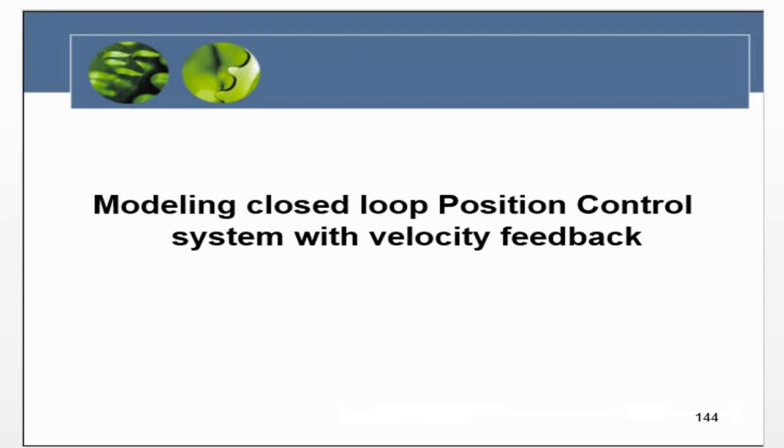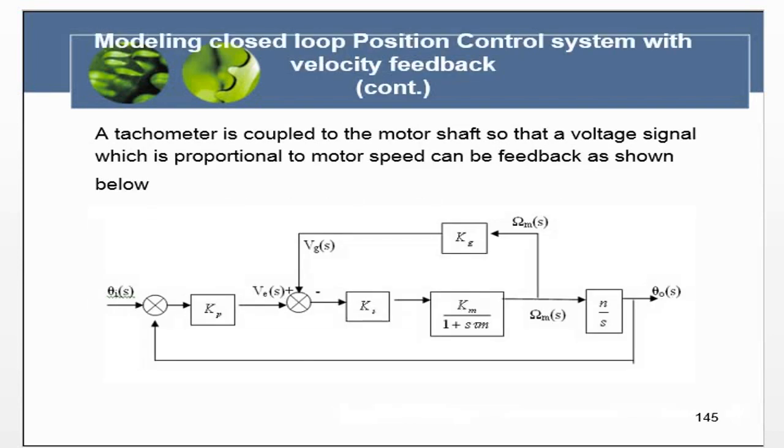Modeling a closed loop position control system with velocity feedback. A tachometer is coupled to the motor shaft so that a voltage signal which is proportional to the motor speed can be fed back, as shown below. This is the tachometer and its transfer function.